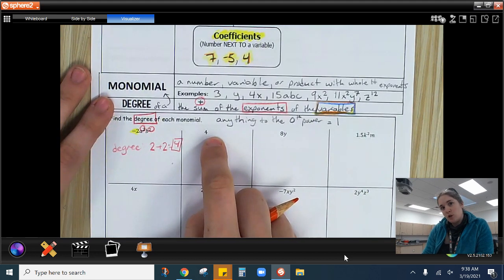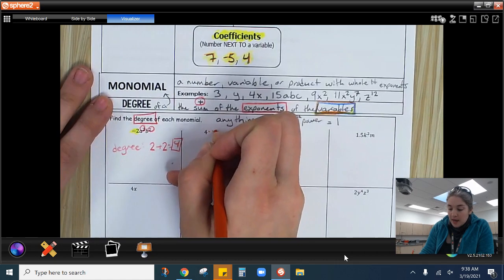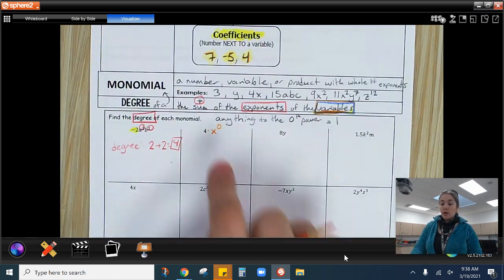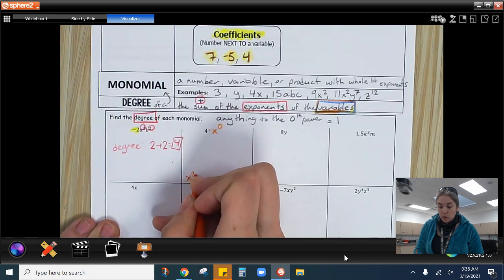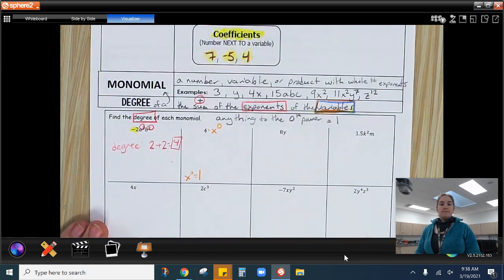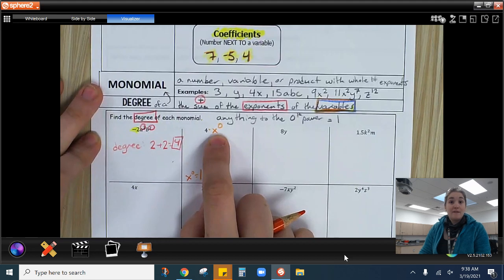He's a ninja, though, because we really have 4 times x to the 0. I can always write that, right? We know that x to the 0 is going to equal 1. And I can times anything by 1. It's still whatever it was before. So I actually do have a variable here. He's just hidden. We have to write him in.